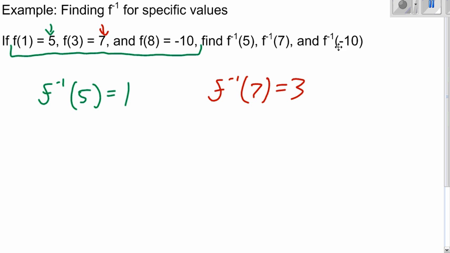And then finally, f inverse of negative 10, so what input would give us negative 10 as an output? There's negative 10 for our output, and we got that with 8. So f inverse of negative 10 equals 8. It flips the x and y, the inputs and outputs.